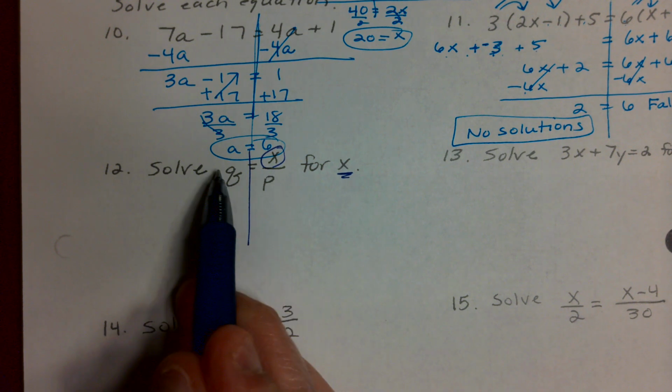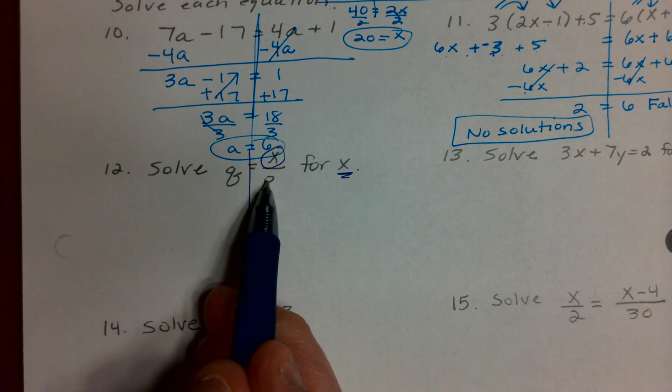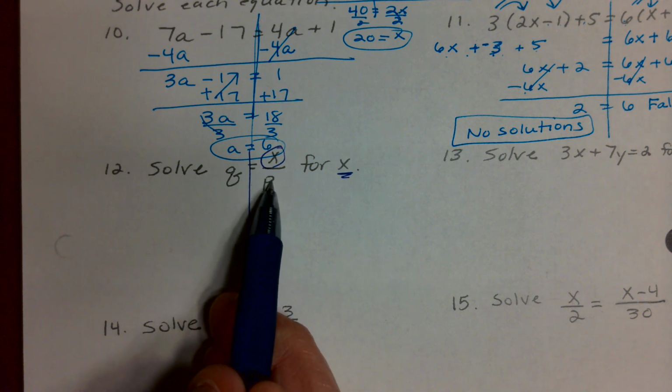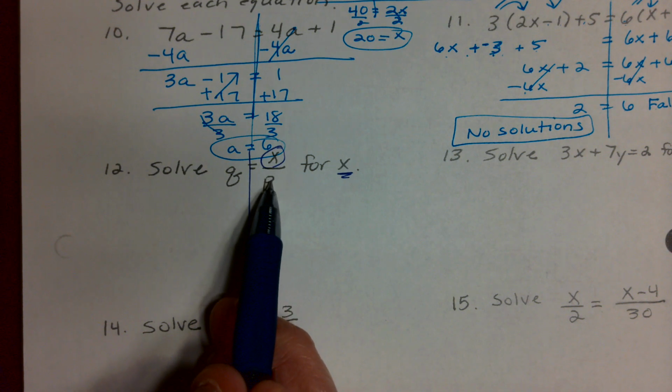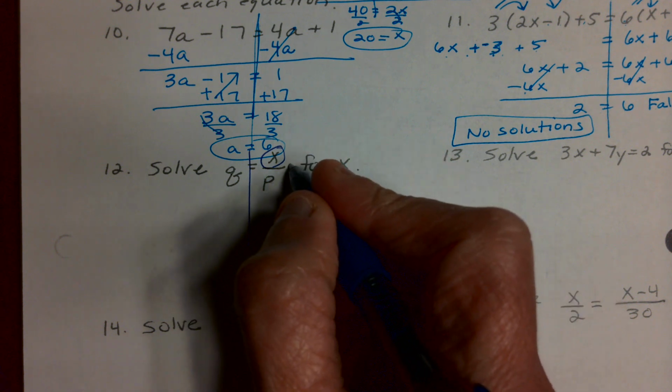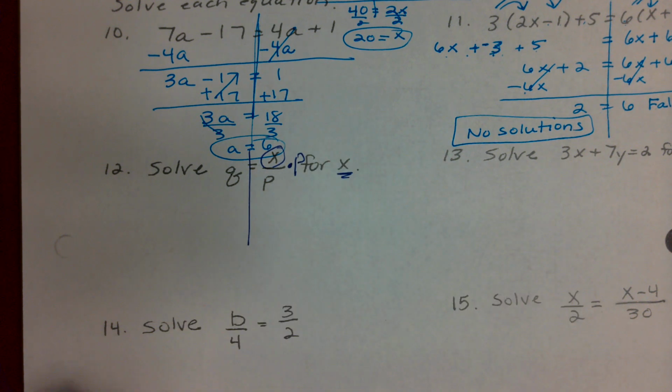You'll never know the numbers for these. These will stay Q and that will stay P. But I have to get rid of this P because that's with the X and I want the X alone. So again, you have to think, I'm dividing X by P. What's the opposite of dividing by something? Multiplying by that same something.